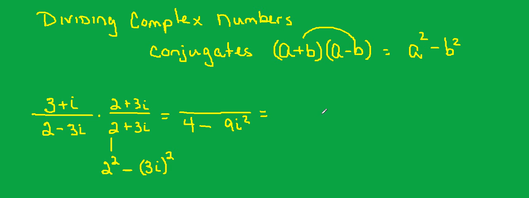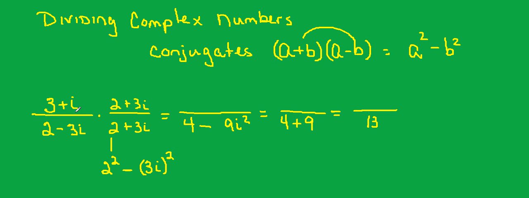And that means it's going to be 4 plus 9, which is 13. Remember, i squared is gone now. That was negative 1. Okay, and then we can continue to say that 9 plus 4 is 13.